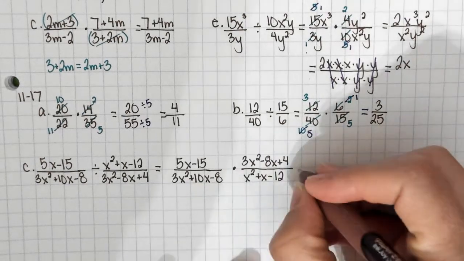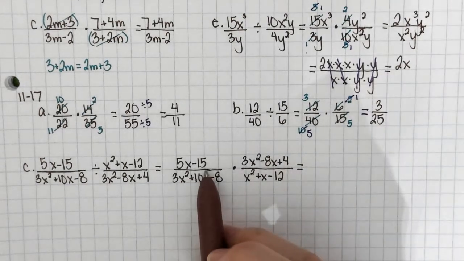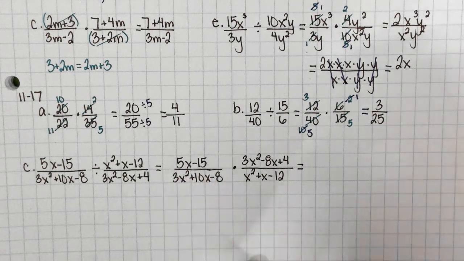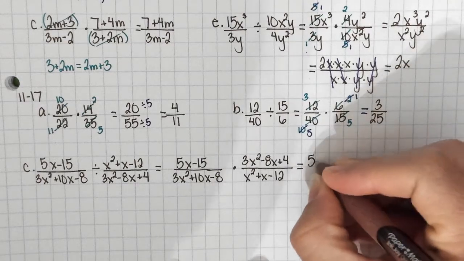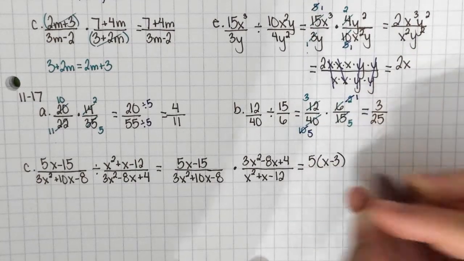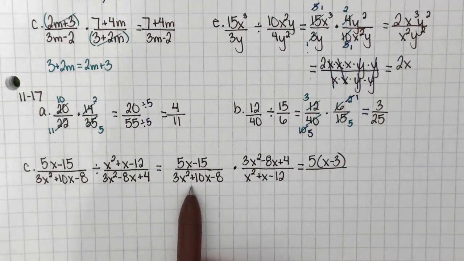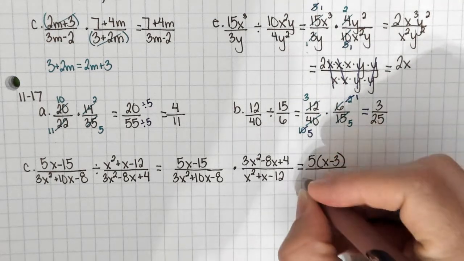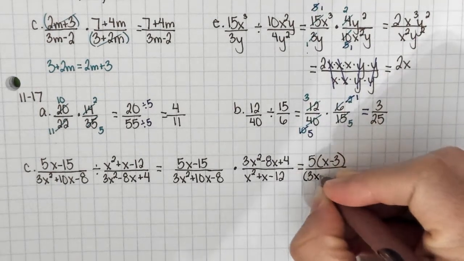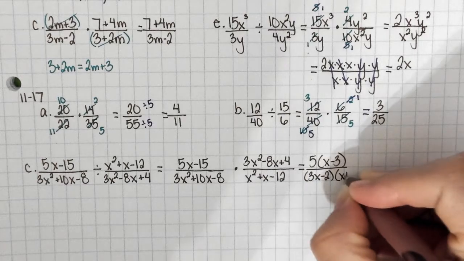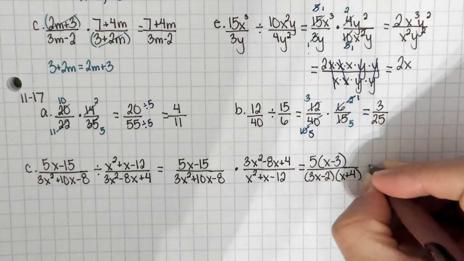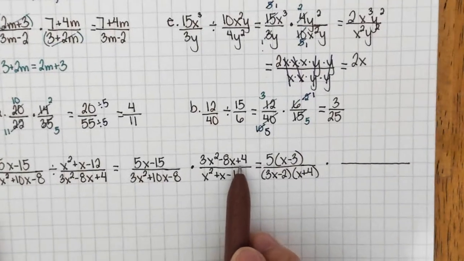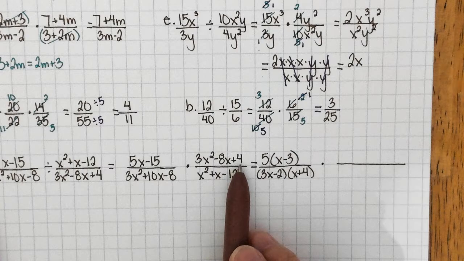So here, 5x minus 15, that's a linear. It doesn't have an x squared, so you can see the common factor is 5. So that becomes 5 times x minus 3. If I factored this, 3x squared plus 10x minus 8, that's going to factor into 3x minus 2 times x plus 4, times this guy right here, 3x squared minus 8x plus 4.